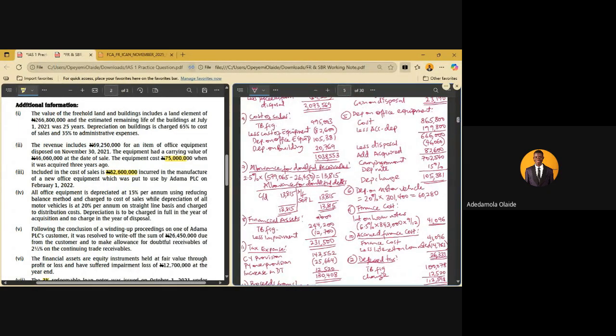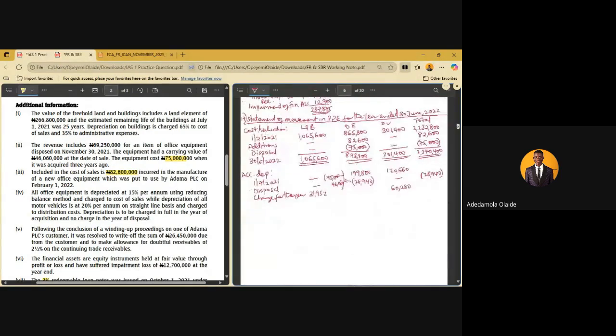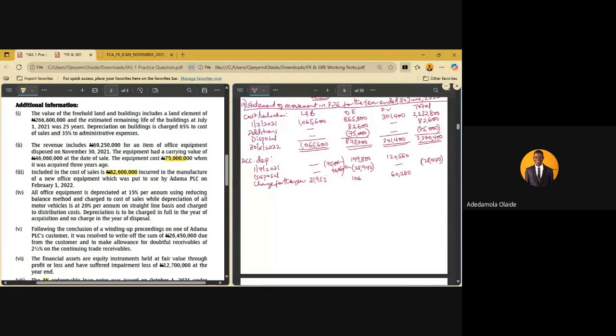Depreciation on office equipment 105,381. Is the total, and the total for each of these also. $180,840. 31,952.